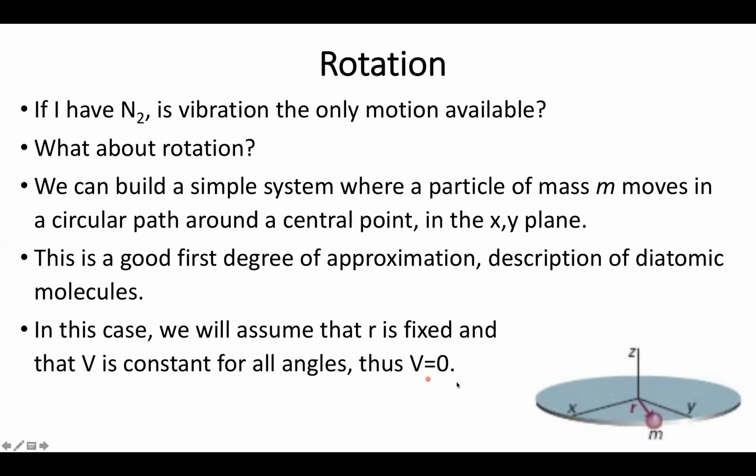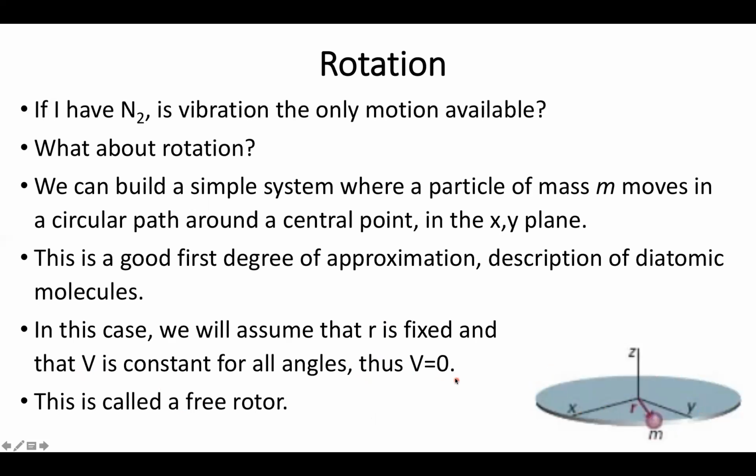So we're going to say that the potential energy for this rotation is zero, because any given point is as good as another, so they all have the same potential. Let's call it zero. So this is called a free rotor. And the free part is denoting this constant potential. So it's like a free particle. This is also sometimes called a fixed rotor due to the fixed r distance.